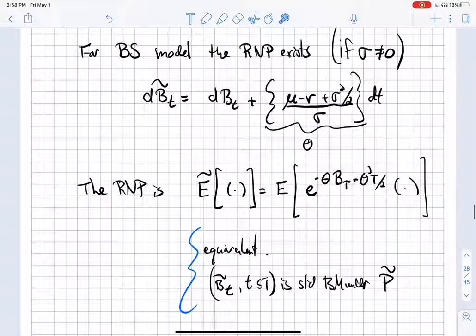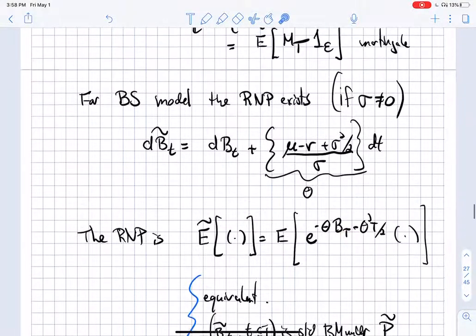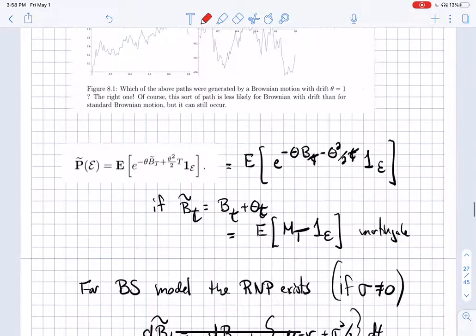Now, you may see that here I have a minus and not a plus, and here I have a B and not a B tilde. Well, that's because this is my answer of this theorem. But if I write the Brownian motion with drift as the standard Brownian motion plus the drift, and I put that here, then you see that the thetas cancel. Instead of being a plus, you get a minus.